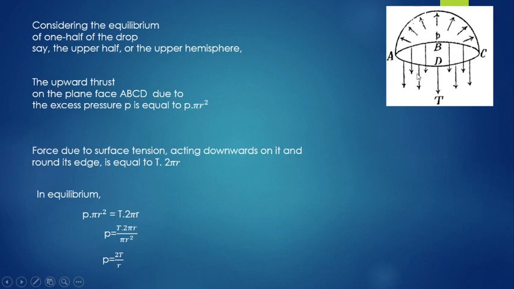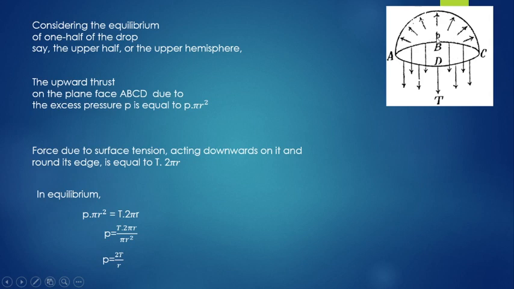It is clear from the picture that there is an excess pressure, greater than the pressure outside. So there is an upward thrust on the plane face ABCD, an upward force on the plane ABCD due to the excess pressure.